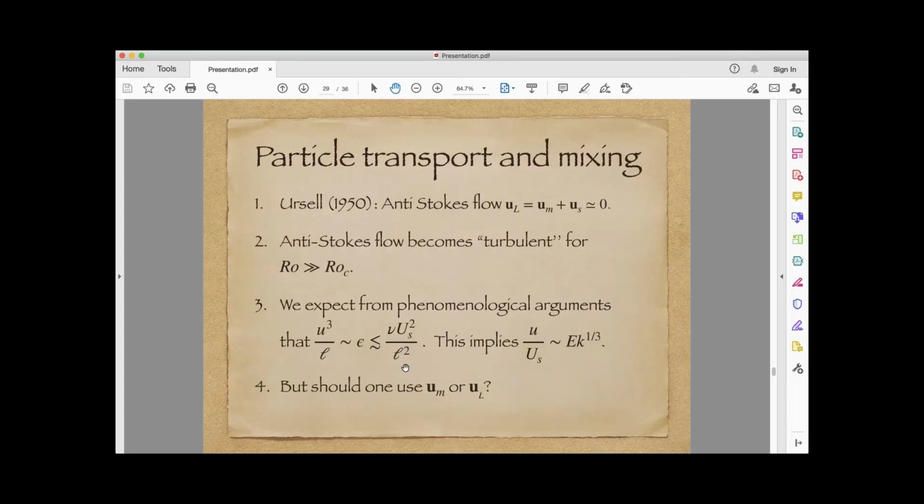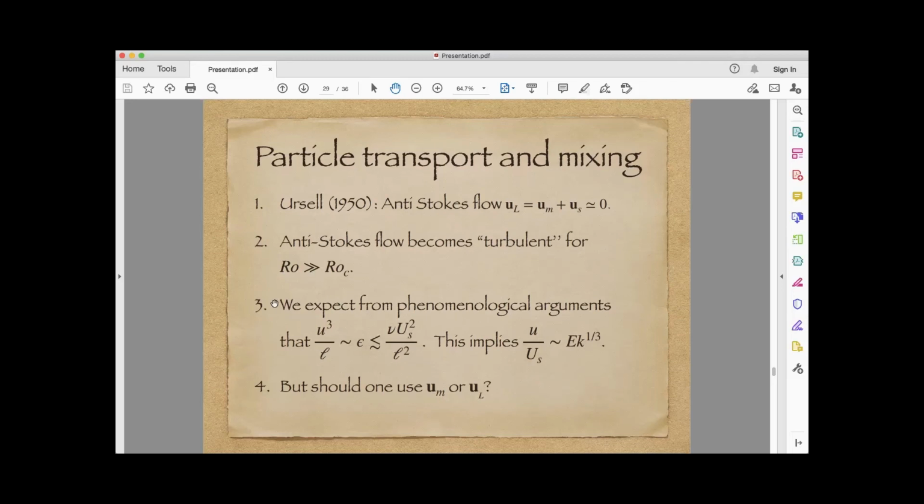Where I wrote UL, that is UM plus US, and Ursel showed that UM is equal to minus US, so this is equal to 0 according to Ursel. So there's no mean Lagrangian velocity transporting particles. But the anti-Stokes flow can become turbulent for Rossby much greater than Rossby critical. This is what we'll show later on.